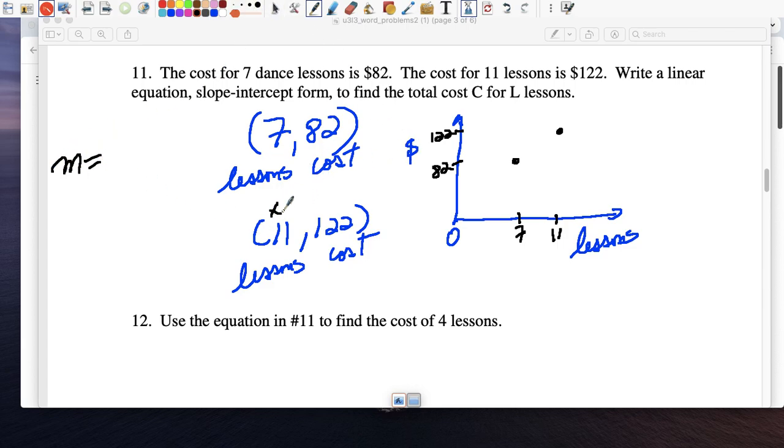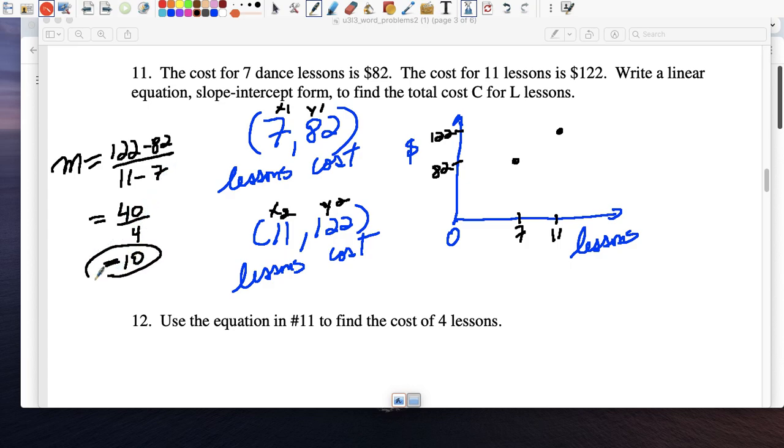So let me call this x2, y2, and this is x1, y1. So we got 122 minus 82 over 11 minus 7. So that's 40 over 4, which is 10. So here's my slope. That tells me that if you start substituting y equals mx plus b, y equals 10x.